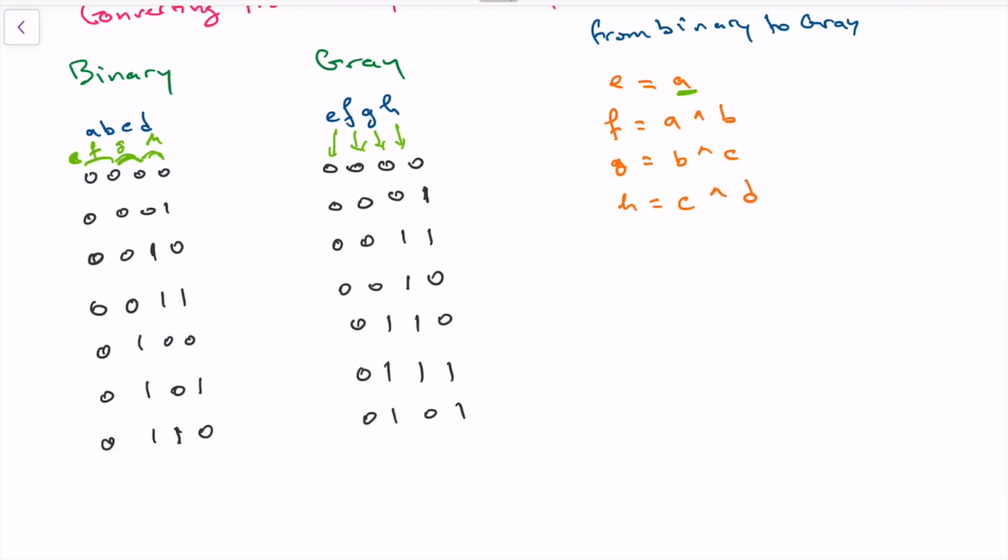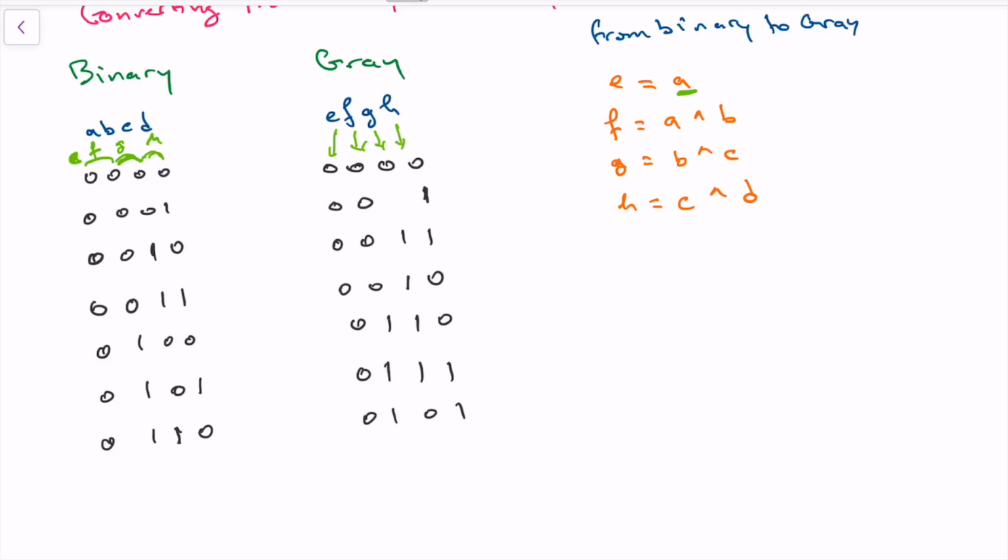And you could apply this to these examples and you will see that it works. So for 0, 0, 0, 0, our E is just 0 for the first value, and then XORing 0 and 0 for F, which is XORing A and B, will give us 0. Same thing for G, we'll XOR 0 and 0, same thing for H. Now if we look at the second example, for E it would be 0, for F it would be XORing 0 and 0, so it's 0.